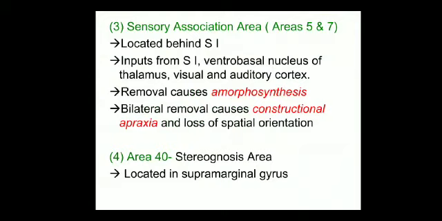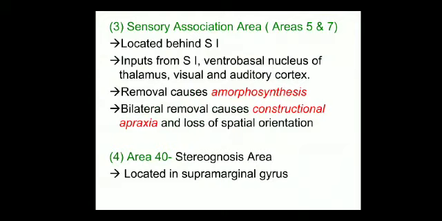This is located in the superior parietal lobule, deep into the intraparietal sulcus, extending close up to the occipital lobe, and this is associated with the more elaborate process of discrimination between the stimuli.